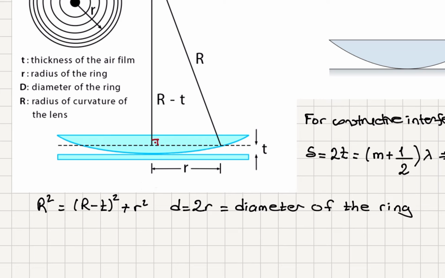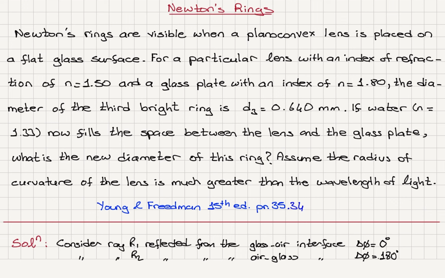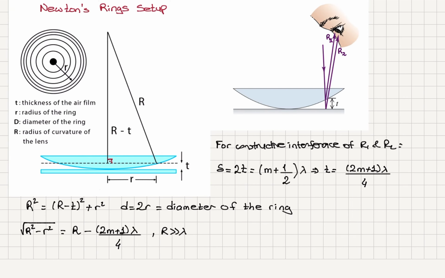All right. And this tells me that the square root of capital R squared minus r squared is equal to capital R minus t, where t is, for constructive interference, (2m plus 1) lambda divided by 4. And I know that capital R is much greater than lambda. This was given in the problem statement. The radius of curvature, capital R, is much greater than the wavelength of light.